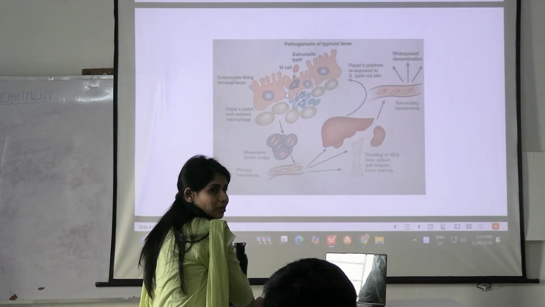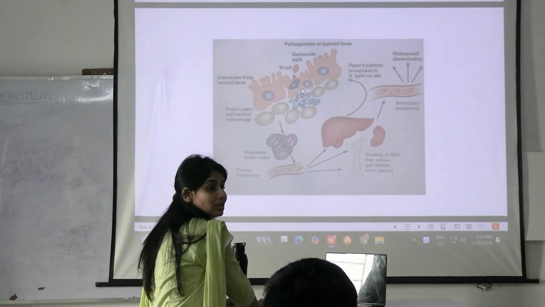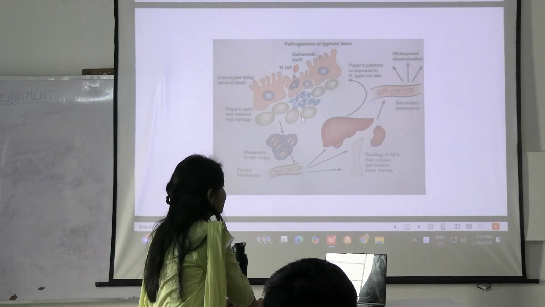From there the macrophages will engulf them, but they are not sensitive to the lysosomes. So what will happen? They will survive there.